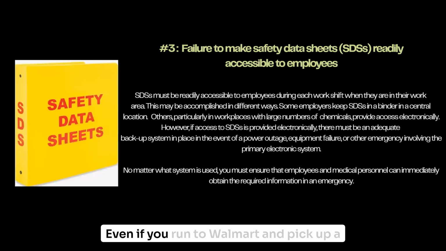Again, even if you run to Walmart and pick up a bottle of hand sanitizer, you have to have an SDS in your book for that particular chemical. If you go to the hardware store and pick up paint or Rust-Oleum or 3-in-1 oil or anything like that.